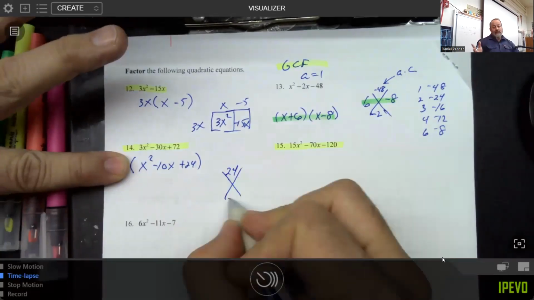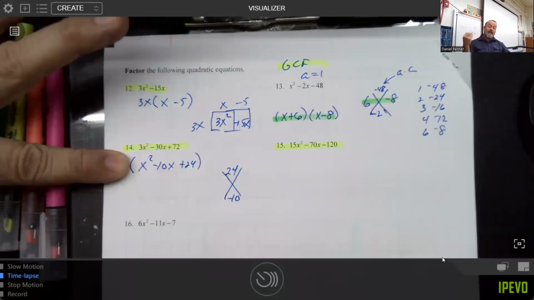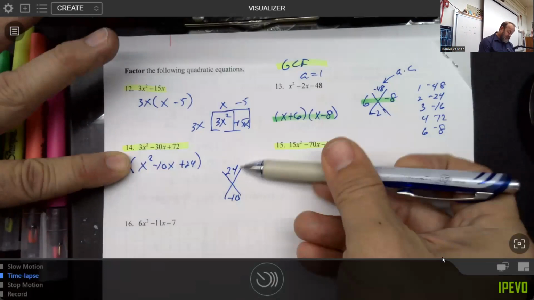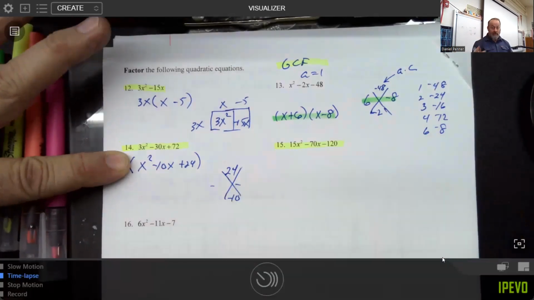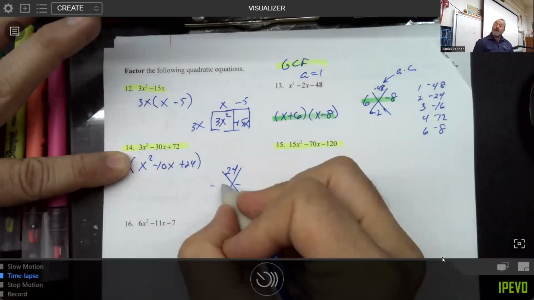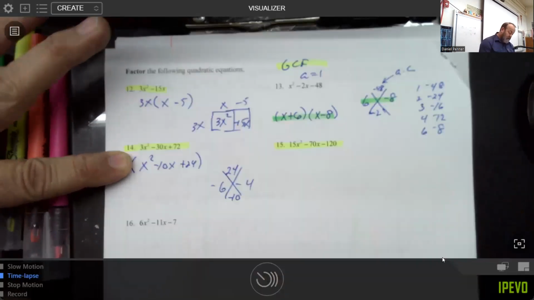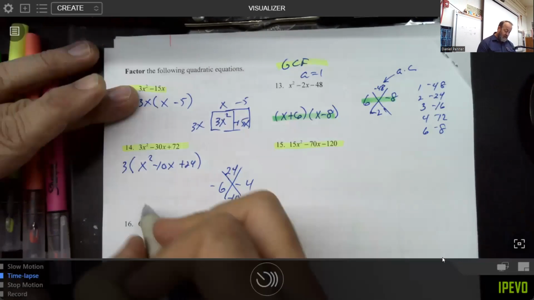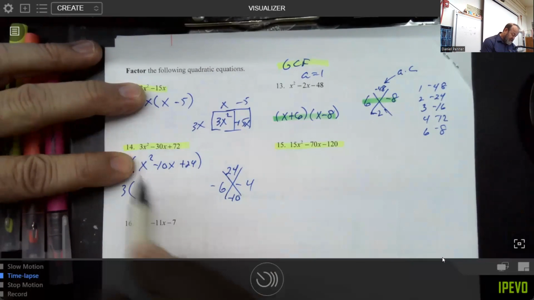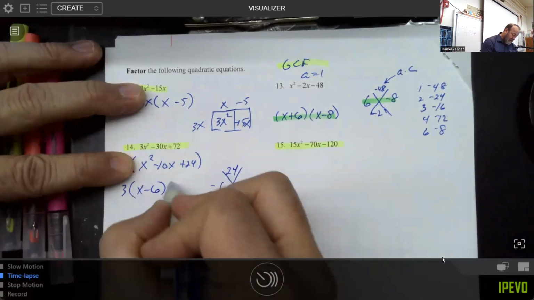I think this is a fairly easy problem. If they multiply to a positive but add to a negative, both of these numbers would have to be negative. In fact, 6 times 4 would do it. So we've got a 6 and a 4, and because the leading coefficient now looks like a 1, I can do x minus 6 and x minus 4, and I'm done.